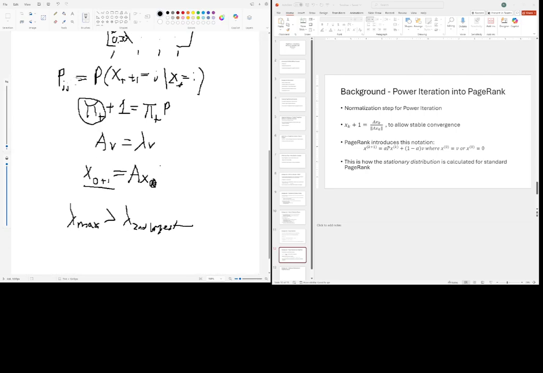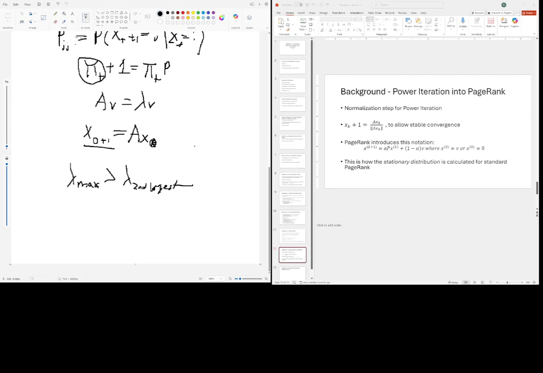PageRank introduces us to a new notation where the next stationary distribution step, denoted by the vector x, is alpha times our transition matrix P times the stationary distribution, plus 1 minus alpha times v, and then x is usually initialized with our teleportation distribution or just at 0.